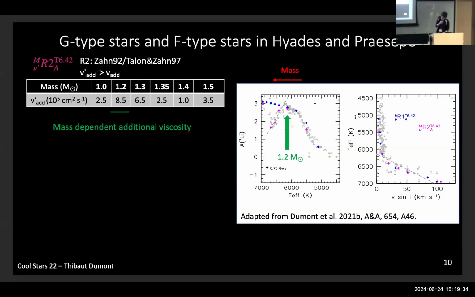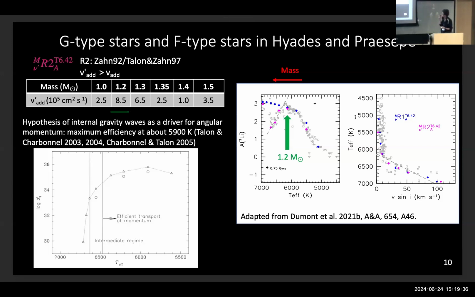And it's quite interesting, because if you look for a physical explanation, we can invoke internal gravity waves, because internal gravity waves are predicted to drive angular momentum transport at a maximum efficiency close to 6,000 Kelvin, which is what I obtained in my own model at 6,000 Kelvin for more or less 1.2 solar masses.